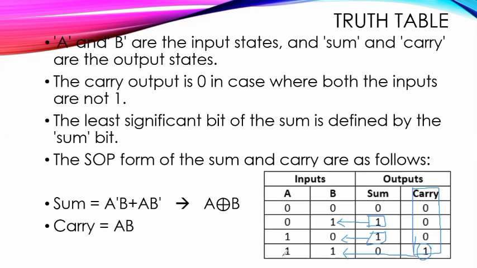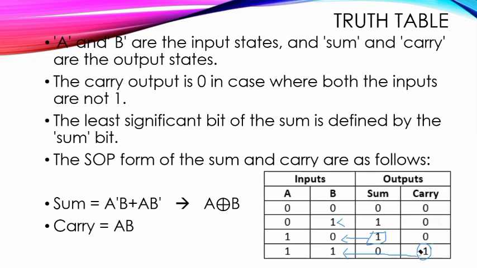So the inputs are 1 and 1. A is 1, B is also 1, so we can directly write A B. This is the equation for carry. I hope you have understood the truth table and how to form the equation from the truth table.